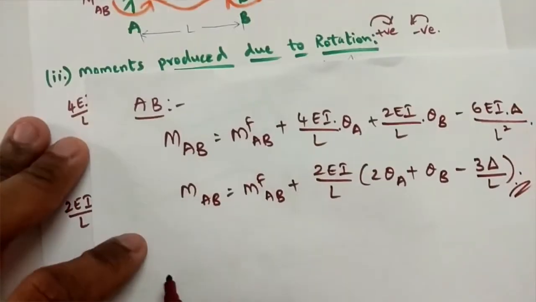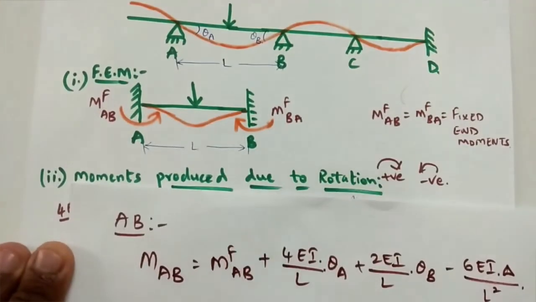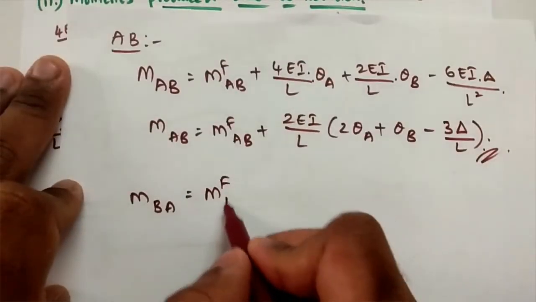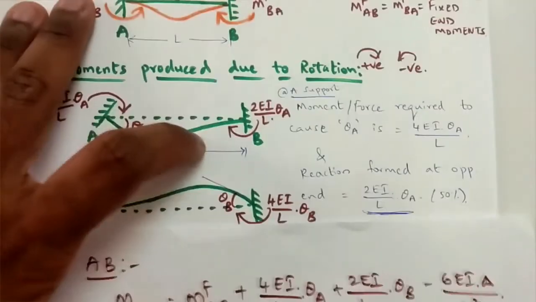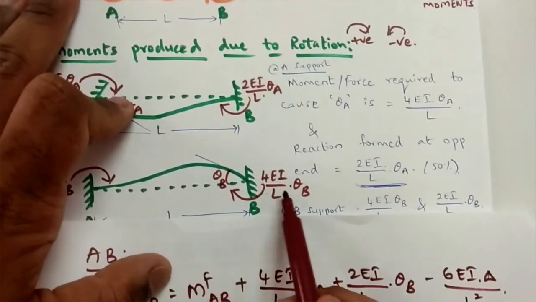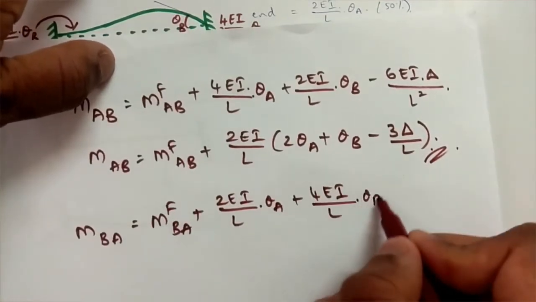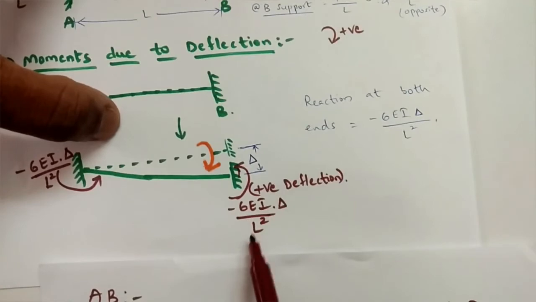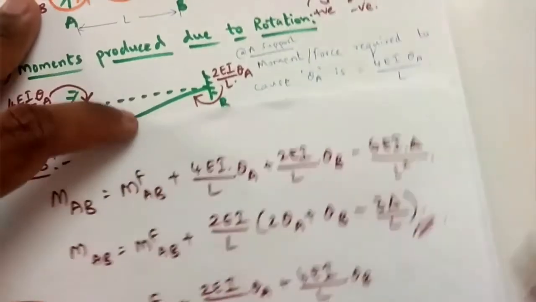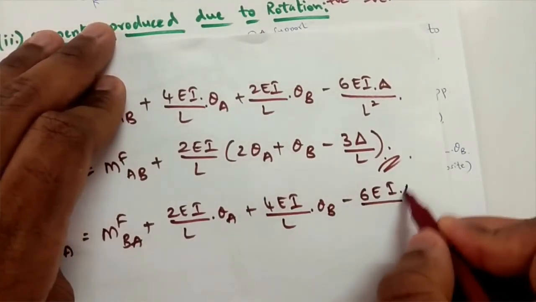Now similar way do for BA. MBA equals MFBA plus 2 EI by L into theta A plus 4 EI by L into theta B, then again minus 6 EI by L square into delta, minus 6 EI into delta by L square.